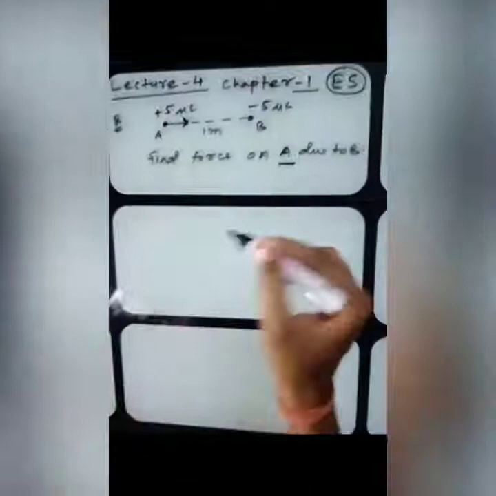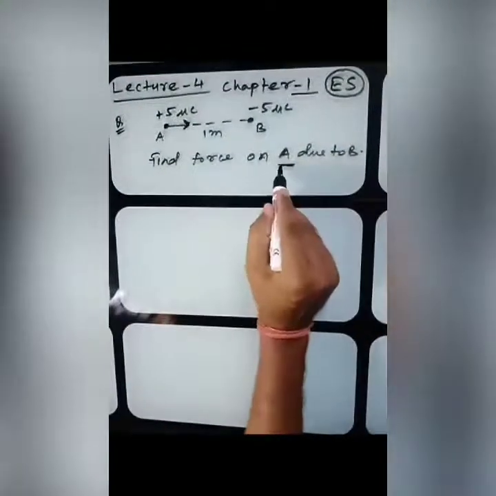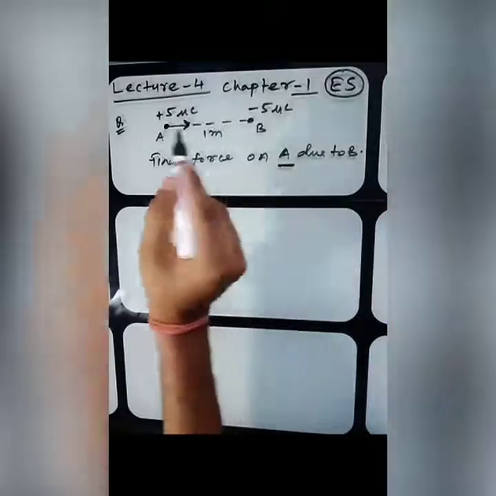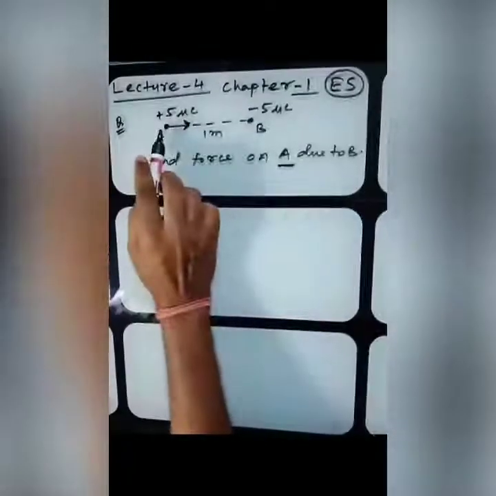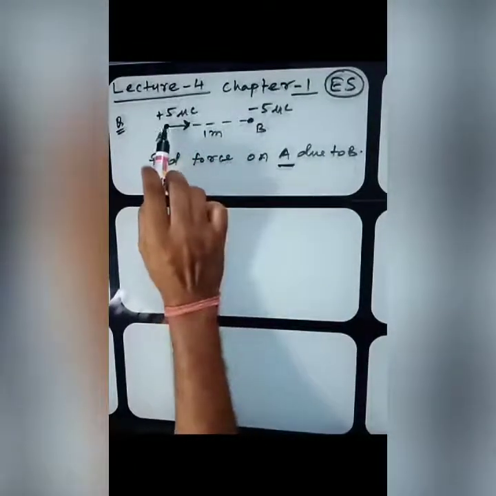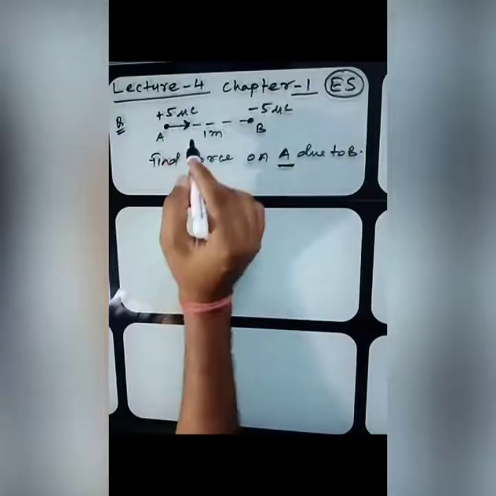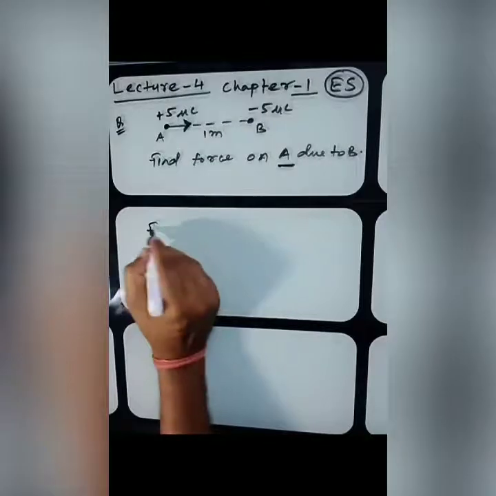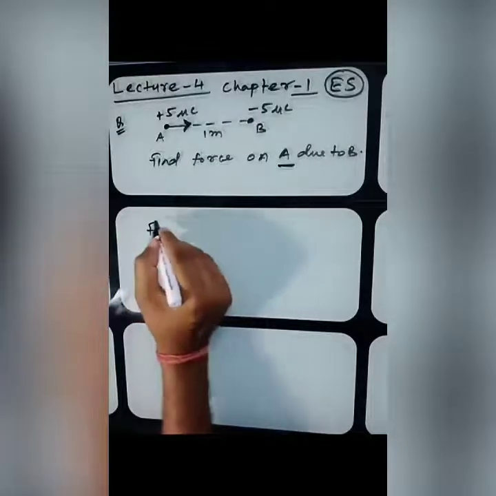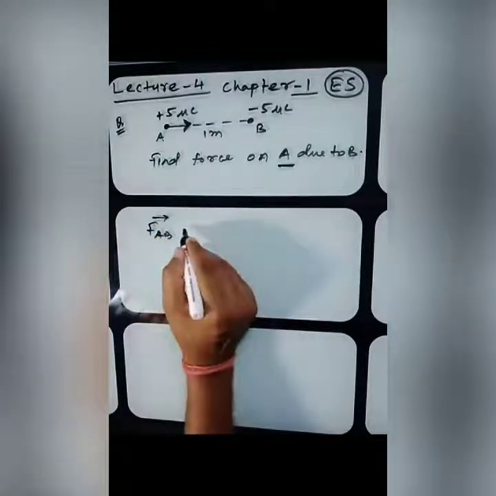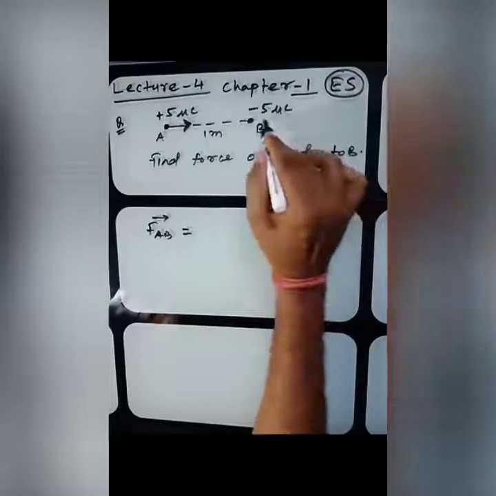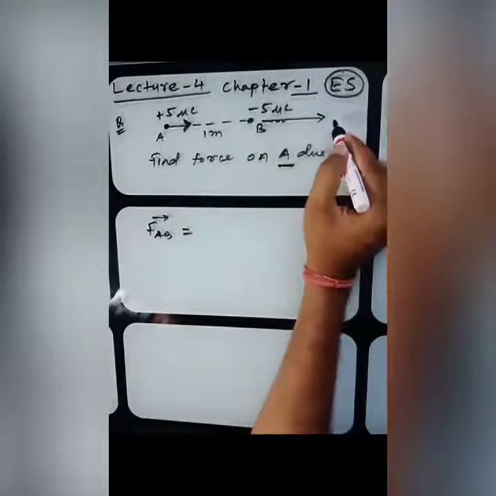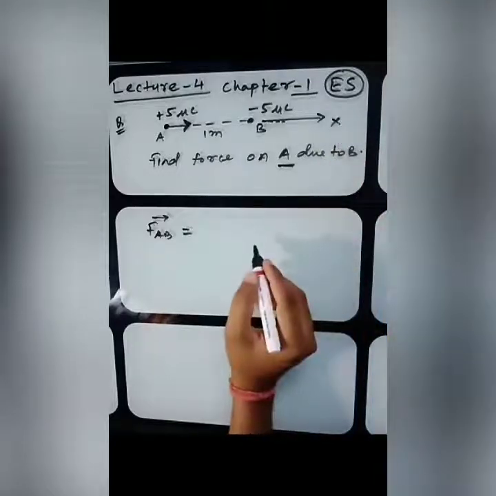Focus on which charge you have to find the force. You have to find the force on charge A, and A will move towards B, so you put the arrow from A to B. Now the force on A due to B: if this is the x-axis, and if axes are not given in the question, then you can put axes by yourself.